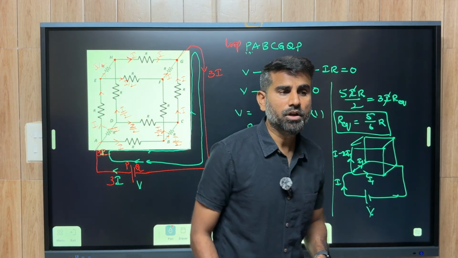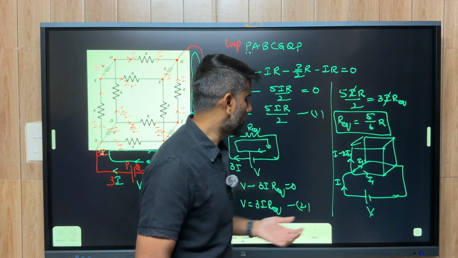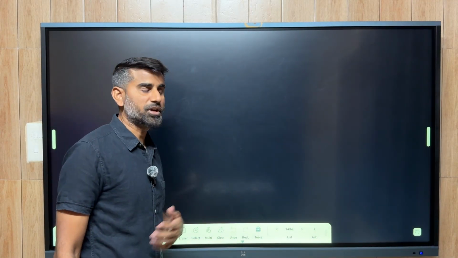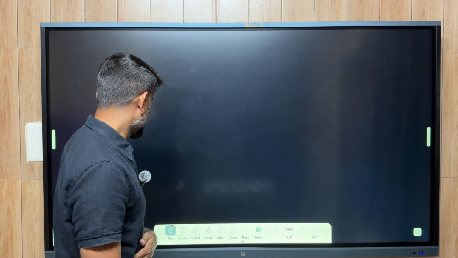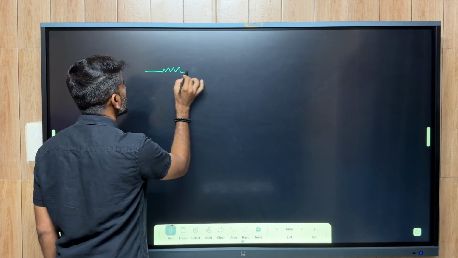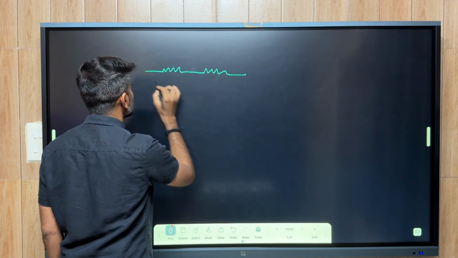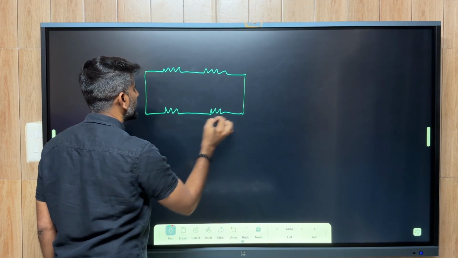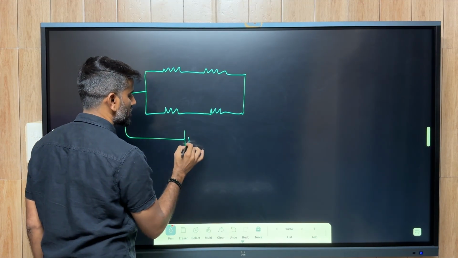If you want me to give one more example, I would like to give one more example to make you understand it even better. Okay, let's take one more example. This is one such resistor, and this is another such resistor. Now these two are connected to a battery of some potential difference.